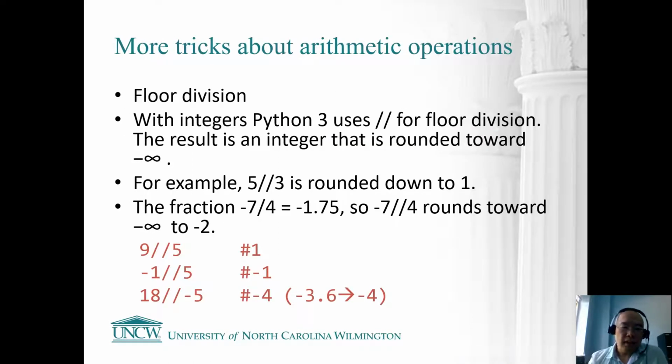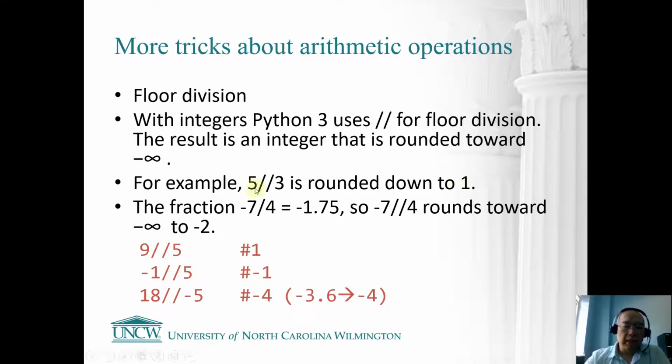Okay, here are a few more tricks about the arithmetic operators, and I'm talking about floor division. For floor division, we know that we always round the value down. But what if we have negative values? You have to remember that when you are rounding a number down, you are rounding it toward negative infinity.